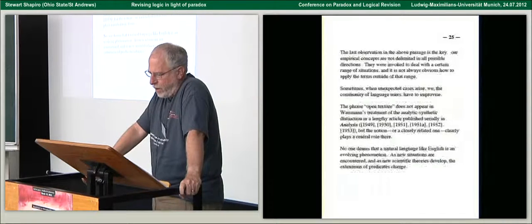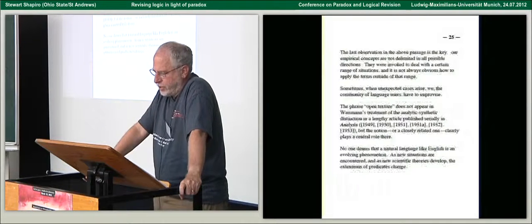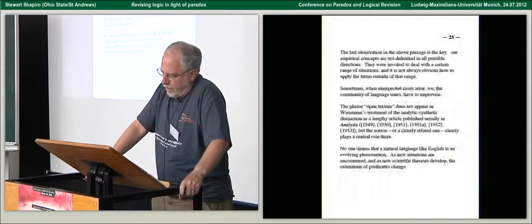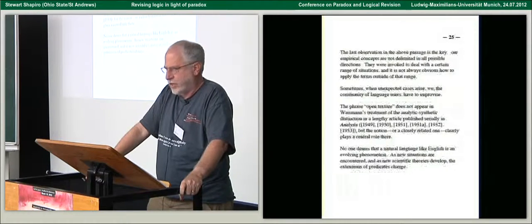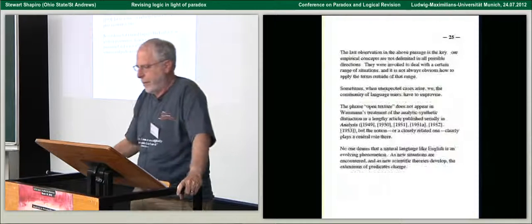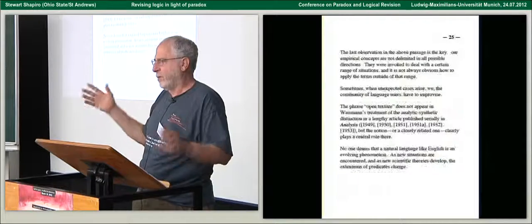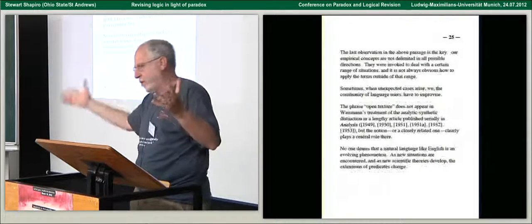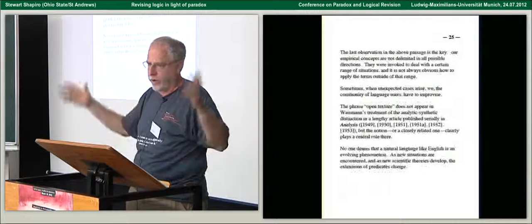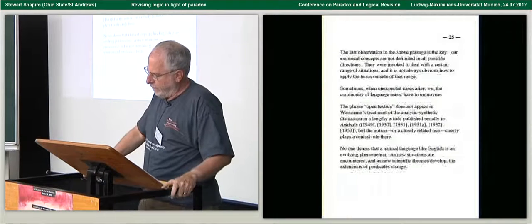Now, no one, I think, denies that a natural language like English is an evolving phenomenon. As new situations are encountered and as new scientific theories develop, the extensions of predicates change. Sometimes the predicates become sharper, which of course is what open texture would predict. As new cases come up, the predicate will get extended to apply to them, one way or another, where it didn't before.